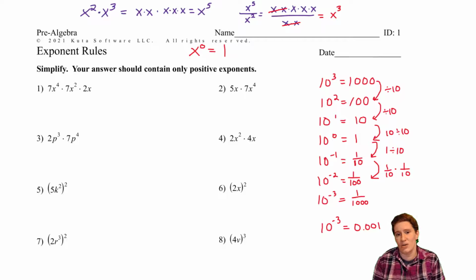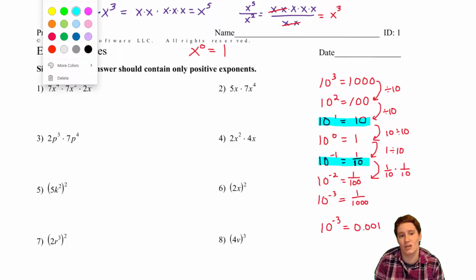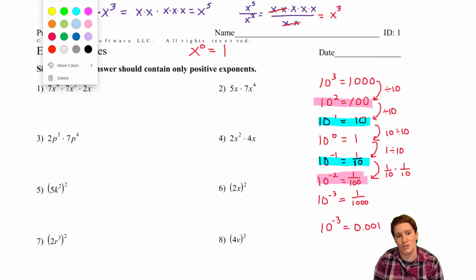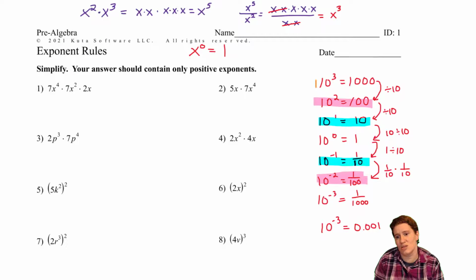So what I want to point out here to you real quick is notice how 10 to the first equals 10 and 10 to the negative first equals 1 over 10. Look at how 10 to the second equals 100 and 10 to the negative second equals 1 over 100. Notice how 10 to the third equals 1,000 and 10 to the negative third equals 1 over 1,000.